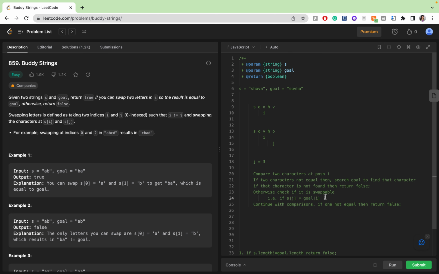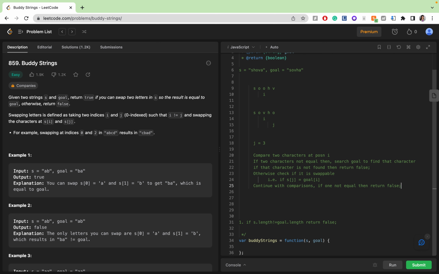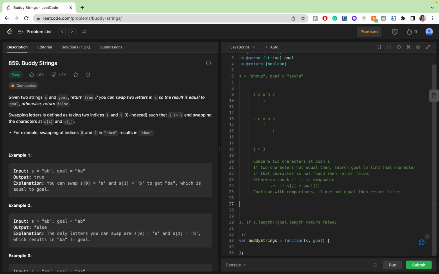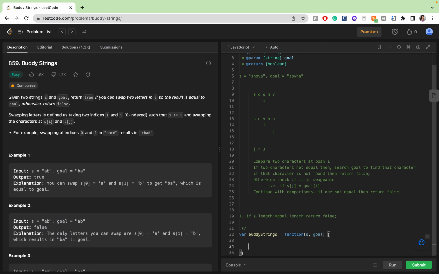So if it is swappable, then that's fine. Continue with comparisons. If not, yeah. So that is one strategy that I was thinking. I think there are also other strategies, but let's try to code this one.